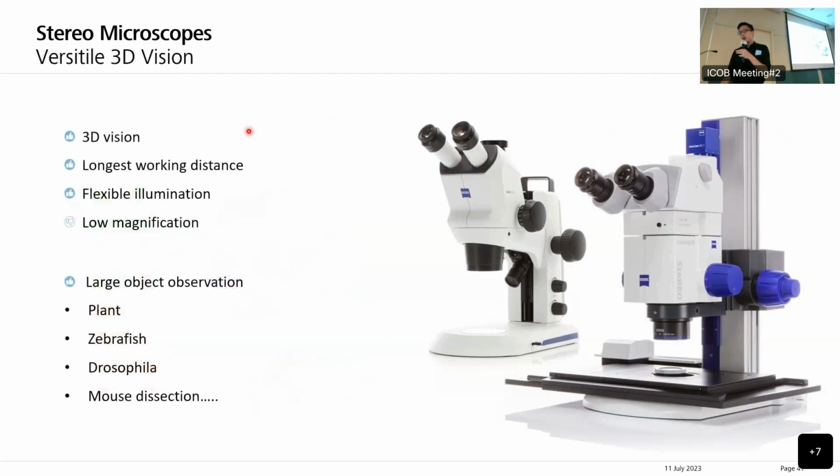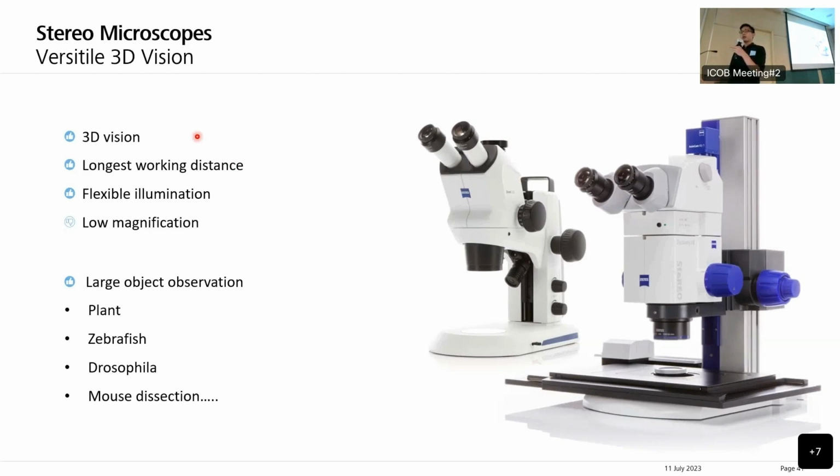The stereo microscope actually provides 3D vision, which means you can clearly understand the difference between the objects which are close to you and the objects which are far from you. This cannot be done by using the upright or the inverted microscopes.